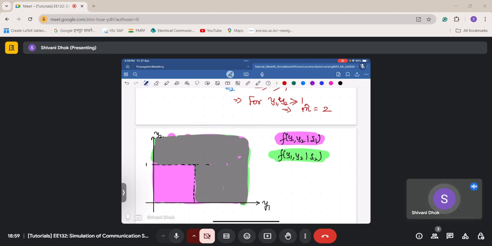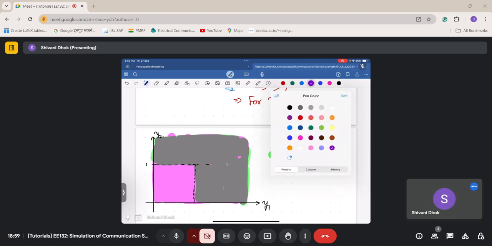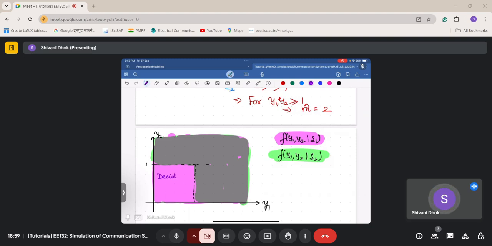In this region decide m hat equal to 1, and in this region decide m hat equal to 2. So this is your ML rule.